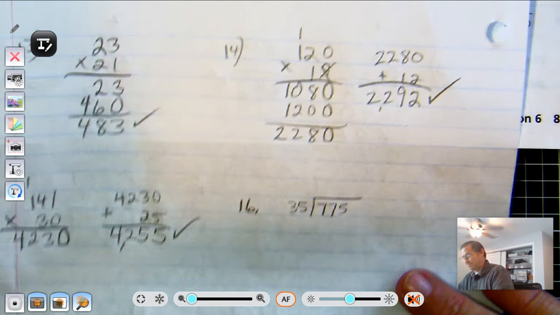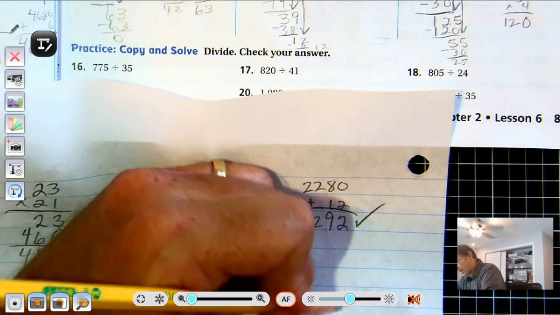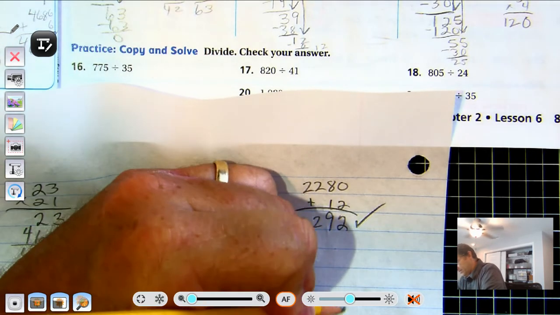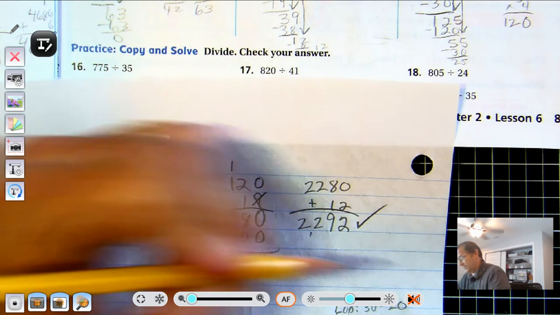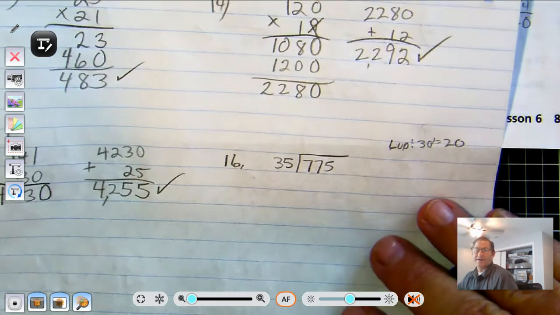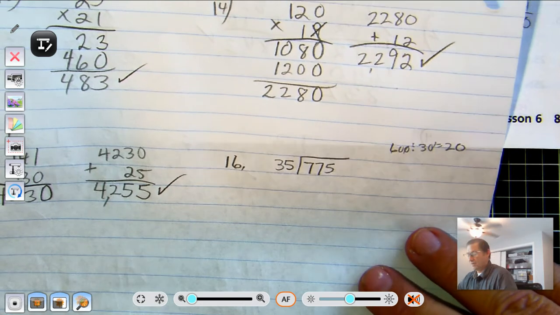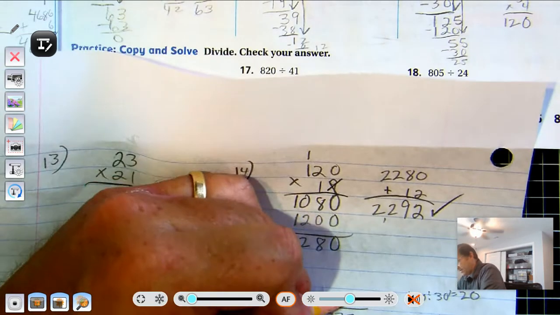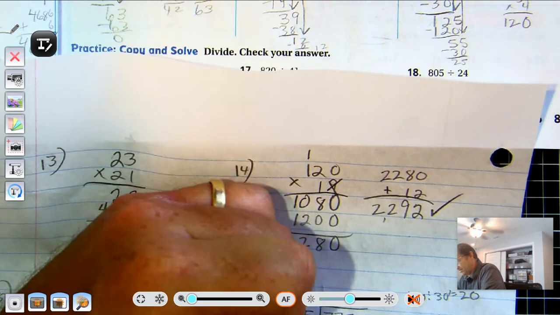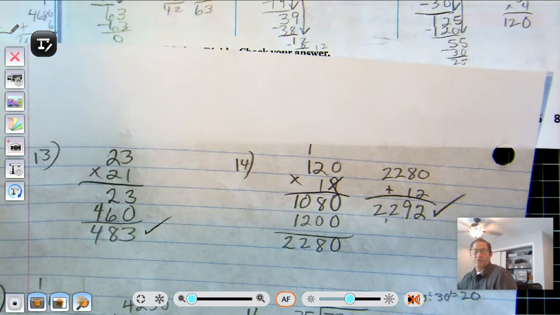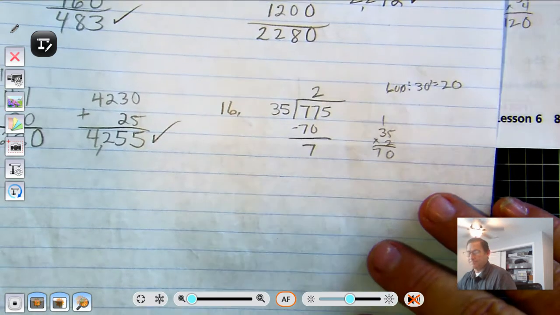All right, so I would say my estimate would be 600 divided by 30. So 60 divided by 3 is 20. 35 times 2 is 70. Subtract, we're left with 7 tens.